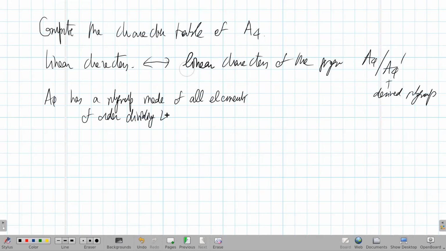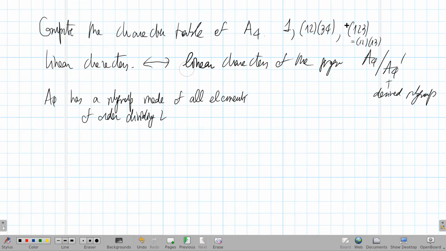Because the elements of A4, well, you have the identity. These are the even permutations of 4 elements. Then you have the product of two 2-cycles, because this is an even permutation. Then you have things like (1 2 3), which are the product of also two 2-cycles, because this is (1 2)(1 3).